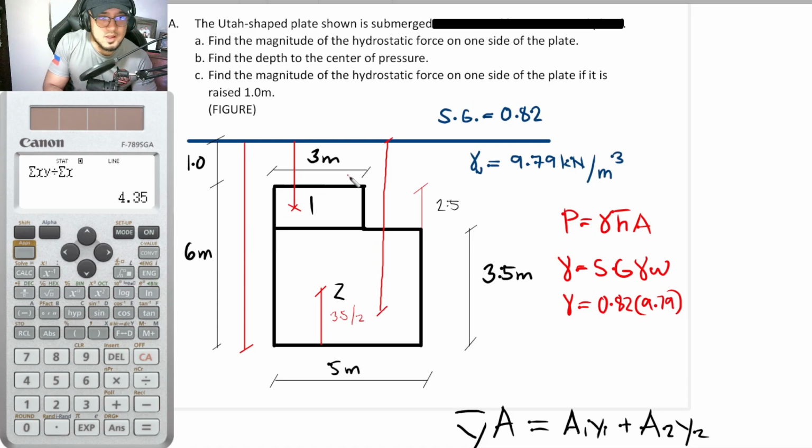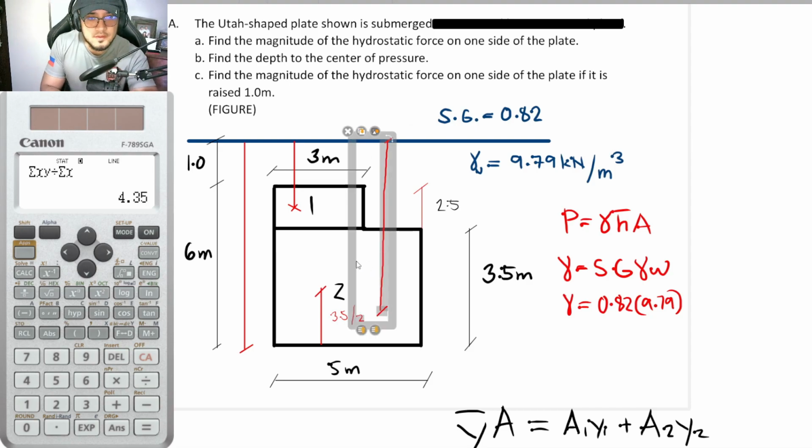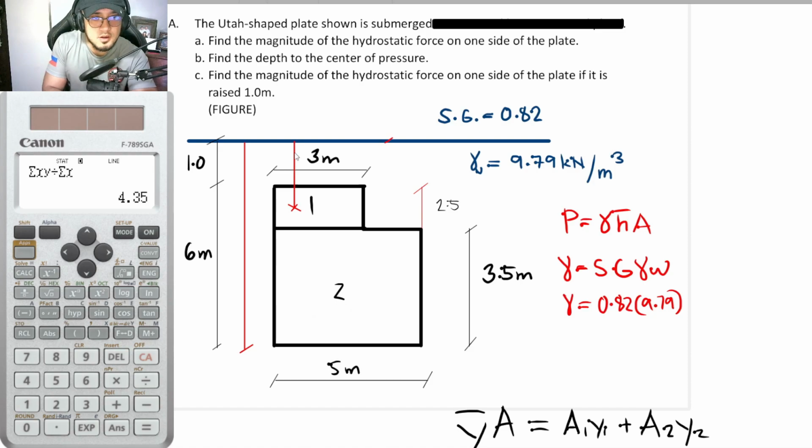So the distance from this portion up until the centroid. So I would just be clearing all of this first in order for us to have a rather systematic solution. So let's say that this is now the centroid of our figure of our Utah ship plate. This distance is now equal to 4.35 meters.